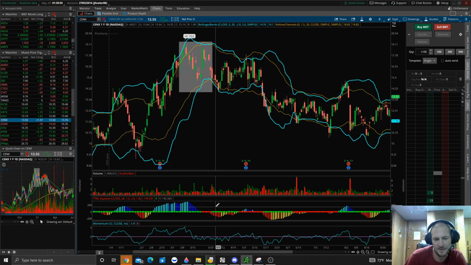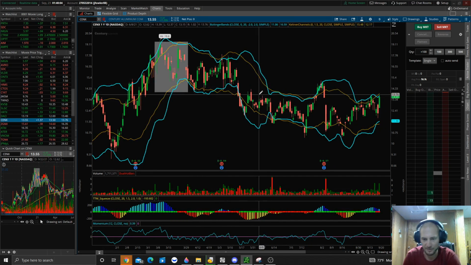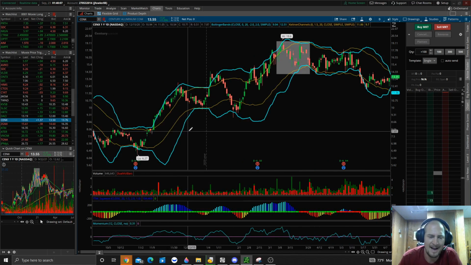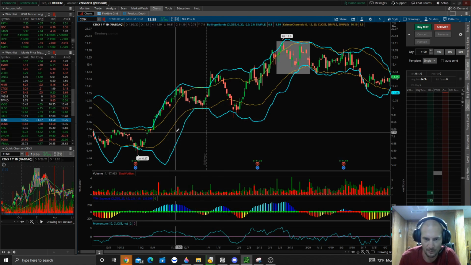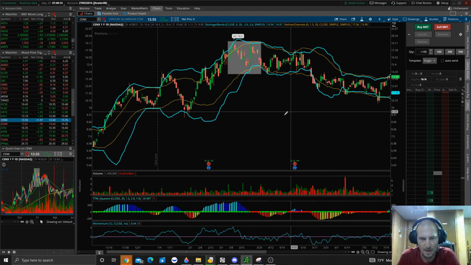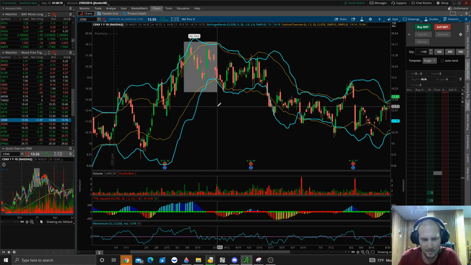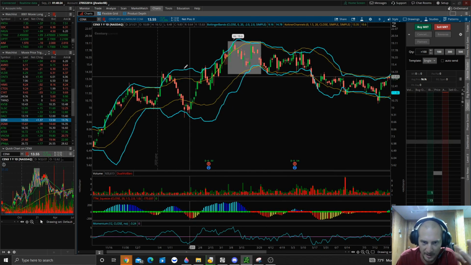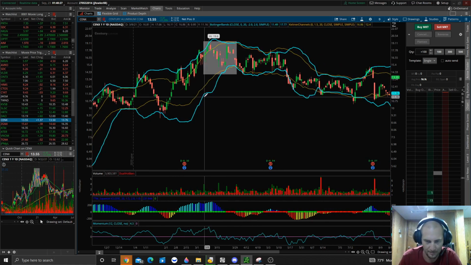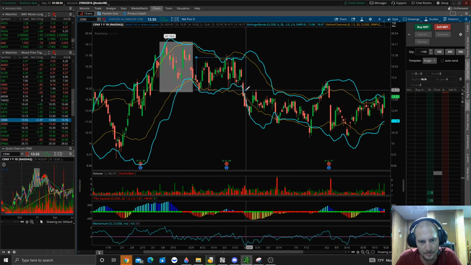The longer these things stay in compression, generally, the bigger the move is going to be, but I tend to stick to squeezes personally that are trend following, so I'm looking for only upwards momentum, unless there's been some crappy news or something coming out and other reasons for me to assume that this is going to go down. Maybe it's respecting the underside of a major moving average or something of that nature, and this does eventually fire off to the downside. So you can see that here.